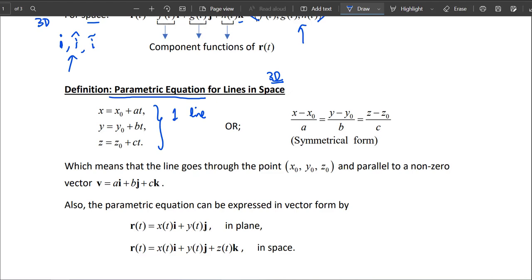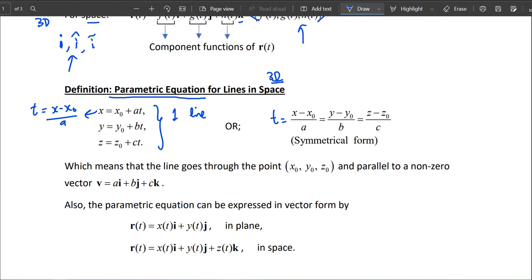Or it can be written in symmetrical form: x minus x0 over a equals y minus y0 over b equals z minus z0 over c. Actually this is all equal to t. We rewrite this as t: t equals, from here, t is equal to x minus x0 over a.